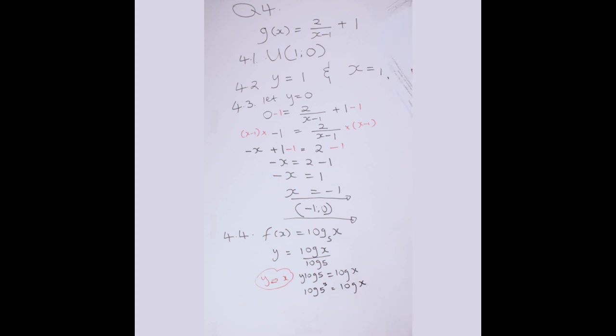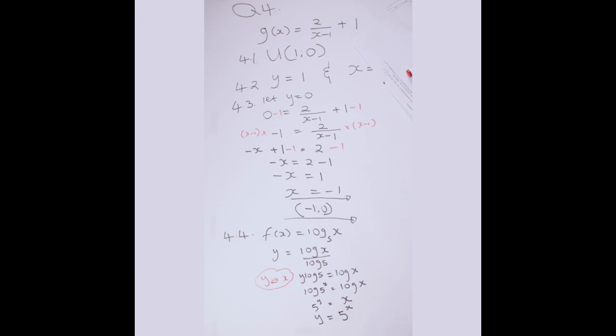And now if you look at it, you have log with 5 to the exponent y on one side and log x on the other, so you can change it. Then you have 5 to the y equals x. And in this way, you need to write it as y equals something. So your answer therefore will be y equals 5 to the exponent x.